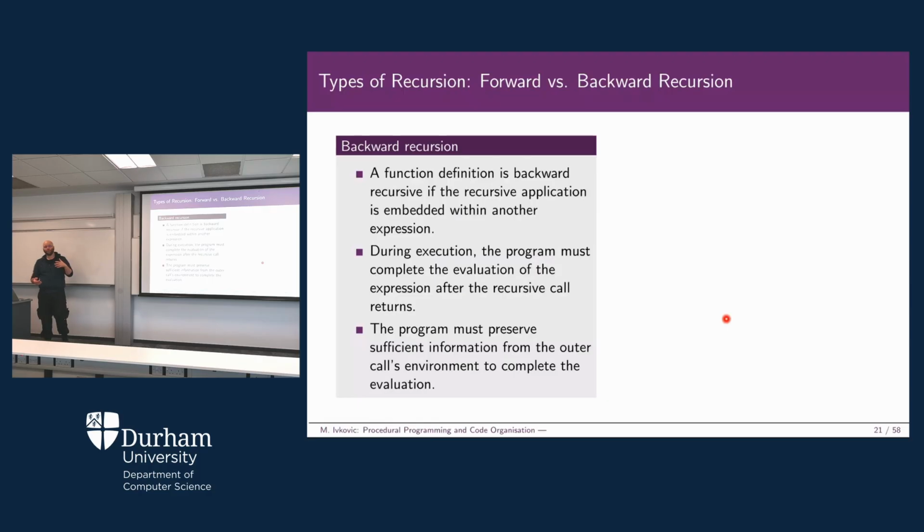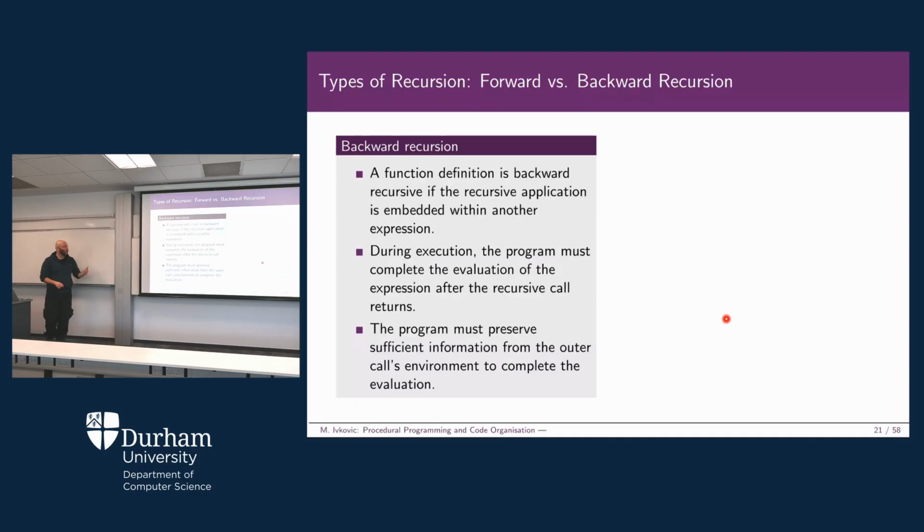For example, in our nonlinear Fibonacci case, where we call it twice, the expression is: compute one leg of the Fibonacci and then add it to a second recursive call. That is within an expression, so that is a backward recursive expression.